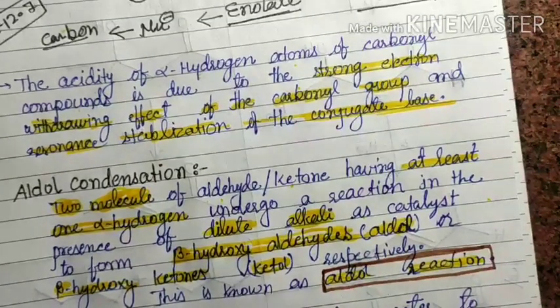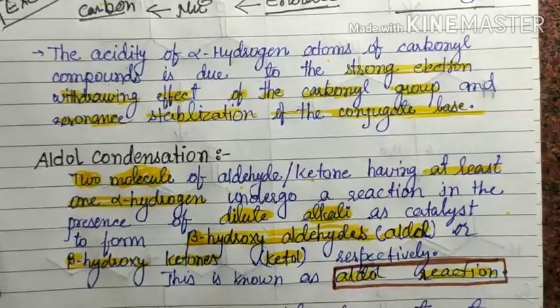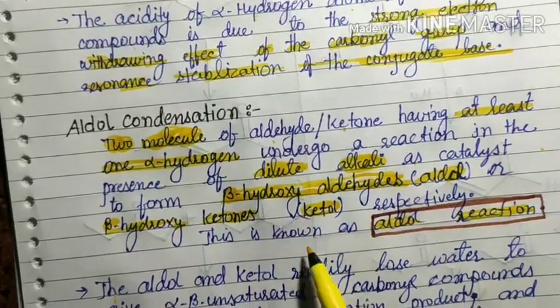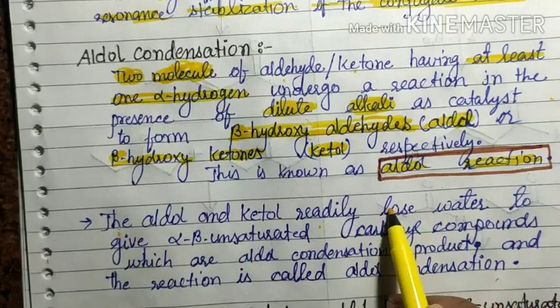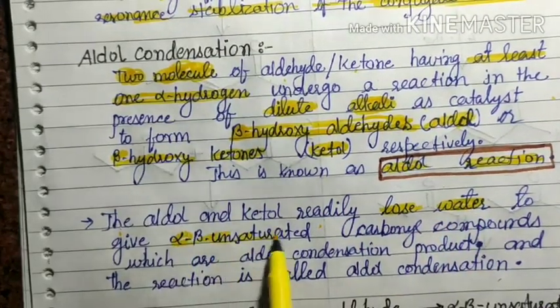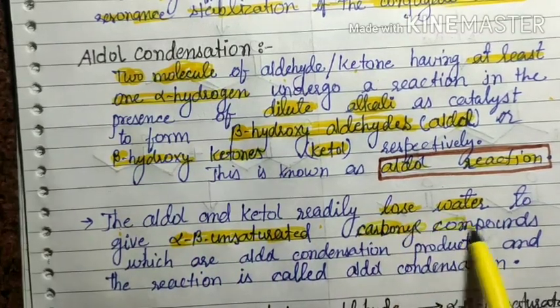So when two molecules of aldehyde or ketone having at least one alpha hydrogen react in the presence of dilute alkali to give beta hydroxyaldehyde, that is aldol, or beta hydroxy ketone, that is ketol, it is called aldol reaction. And next point, the aldol and ketol formed above readily lose water to give alpha beta unsaturated carbonyl compound.